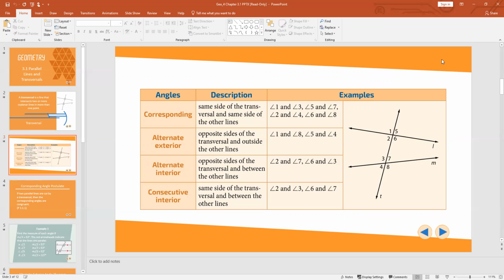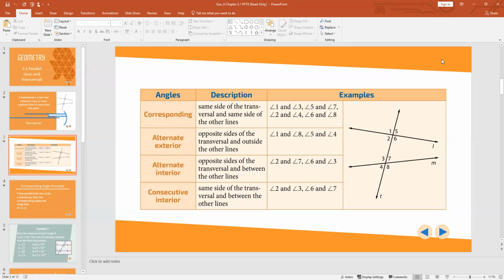So that's what they mean by outside and inside of angles. The alternate exterior angles are on opposite sides of the transversal. So 1 and 8. Think northwest and southeast, southwest and northeast, right? So those are going to be alternate exterior.